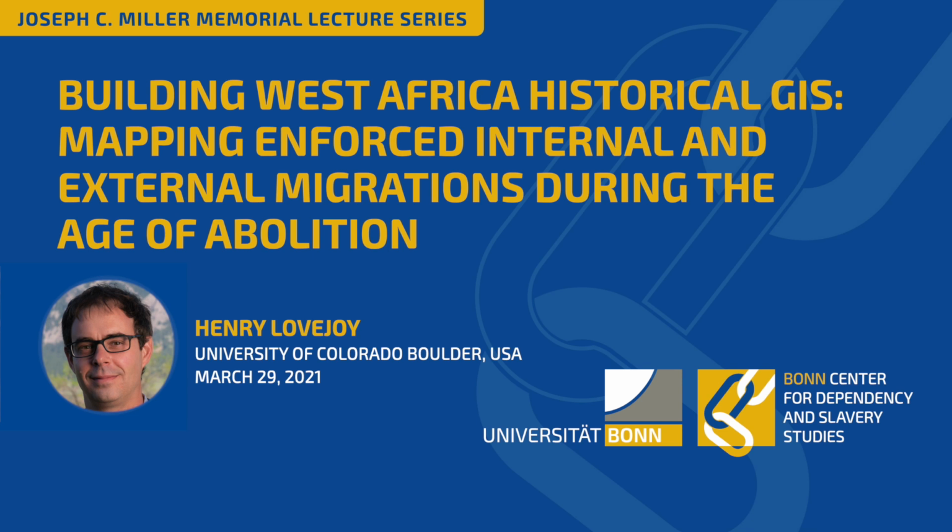Others became missionaries, such as the very famous Samuel Ajayi Crowther, who was educated in Sierra Leone. His parents were liberated Africans, but then he became the first Black bishop of Africa in what is now Nigeria. Others became criminals. So here's some mugshots from Brazil of some liberated Africans.